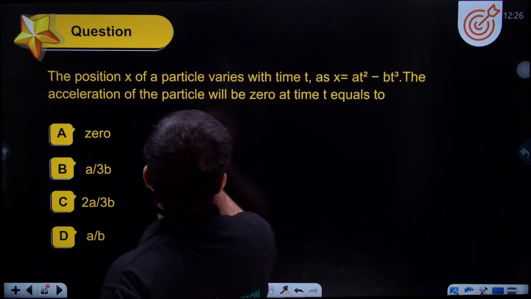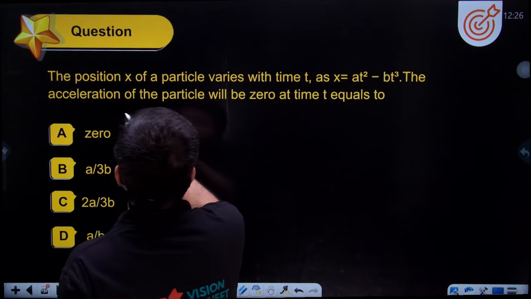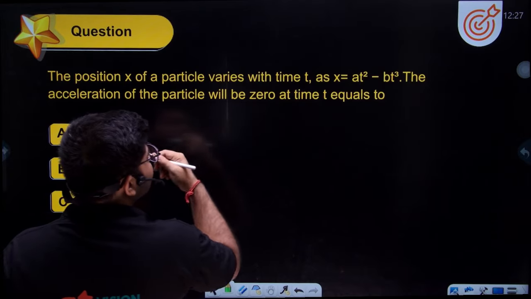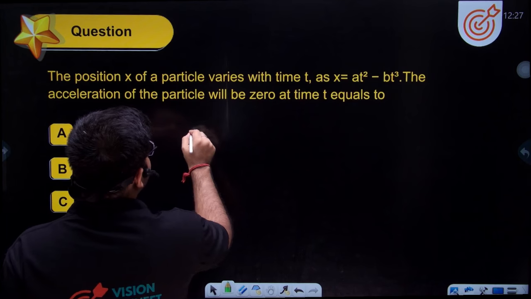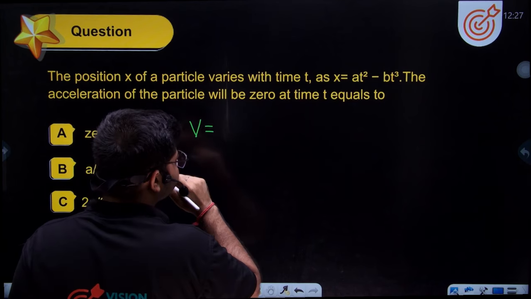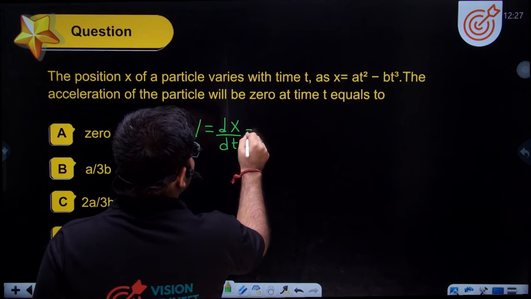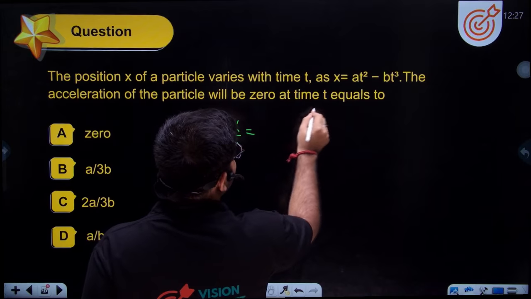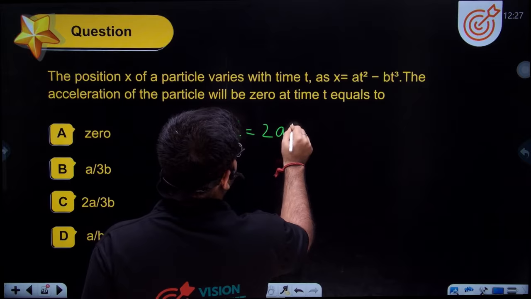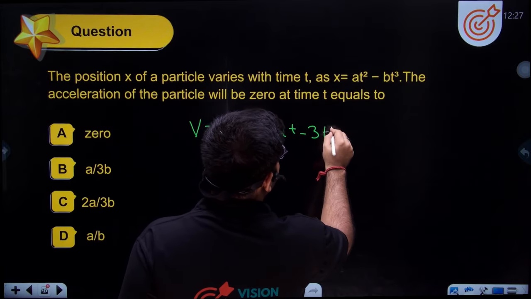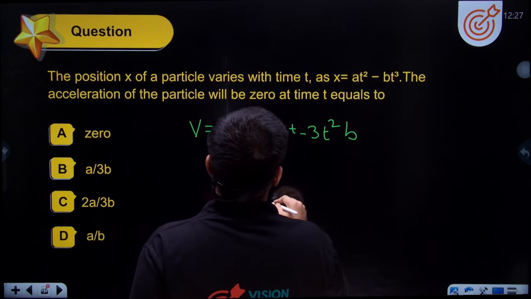So we'll do it. Let us see. First and foremost, we'll find the velocity. Velocity is nothing but dx dt. So I'm going to differentiate this. So we'll have 2at minus 3t square b, right?